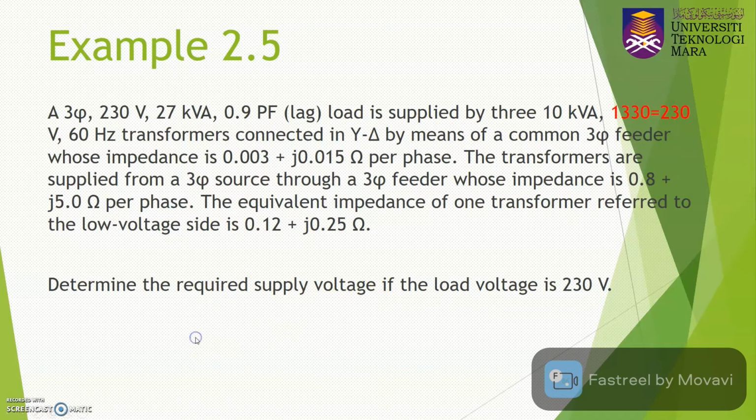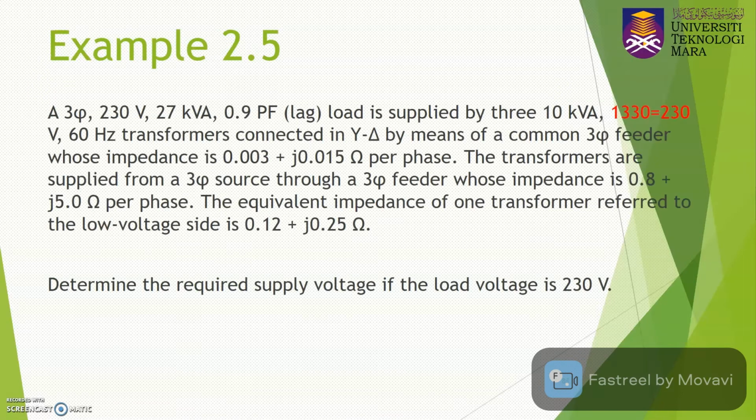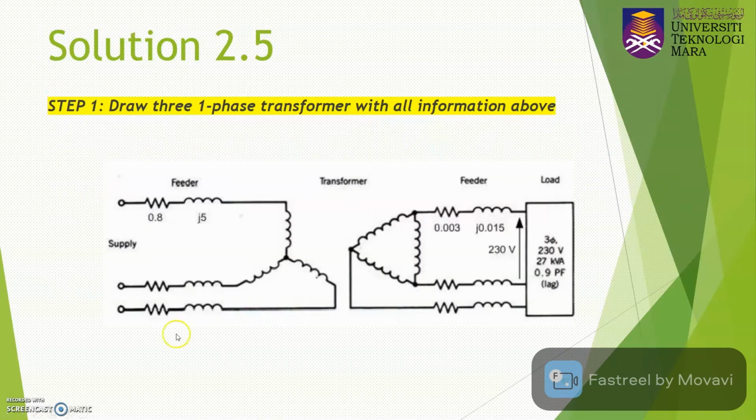For the solution, step number 1, first of all, you need to draw the three sets of single-phase transformers with all the information above. Based on the data, it is a step-down voltage, and the question also says it is a Y-delta configuration. That's why you need to draw the Y-delta transformation.